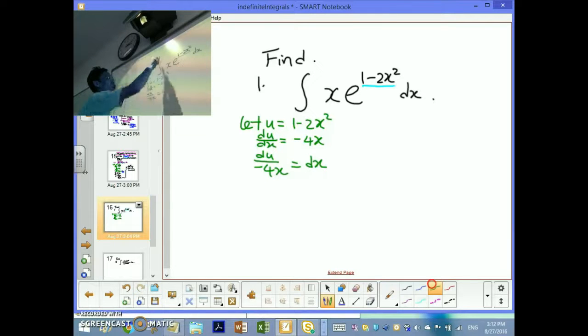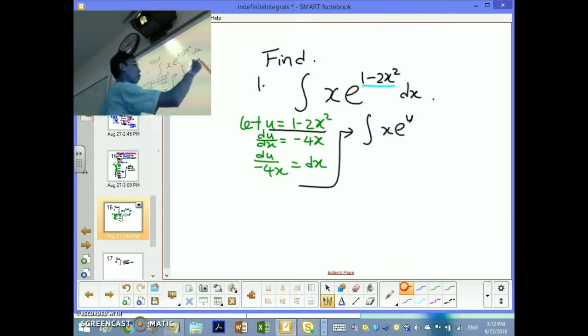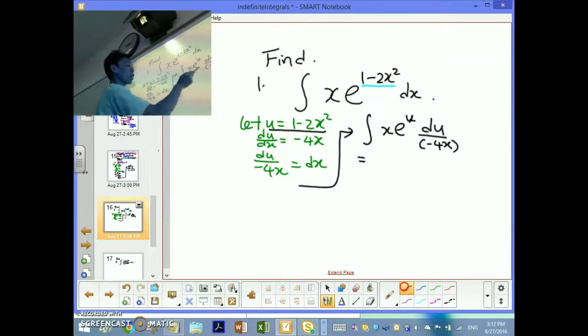Alright, now we're going to replace this stuff. Now we replace this stuff means we're going to do this over here. So x, I'm just leaving it as it is. e raised to the power of u now. The dx now is replaced by this object, which is du over negative 4x. And you can see that the x and x cancel out.